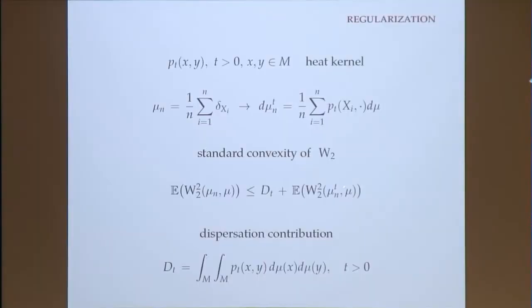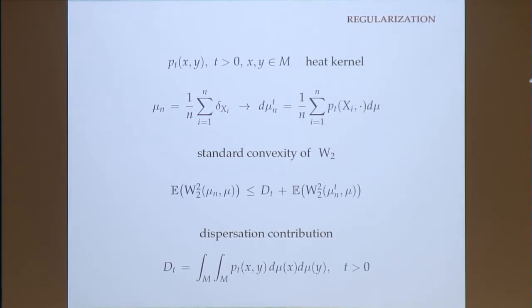And of course, if you do this replacement, there is a price to pay. Using standard convexity of W2, you can actually show, this is very easy, that the price to pay to change the empirical measure into this smoothed measure mu nt is given by this contribution, which is called the dispersion contribution, which is simply the integral of the heat kernel in the 2 variables.